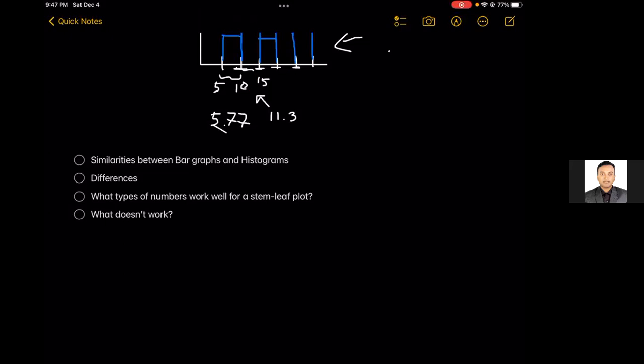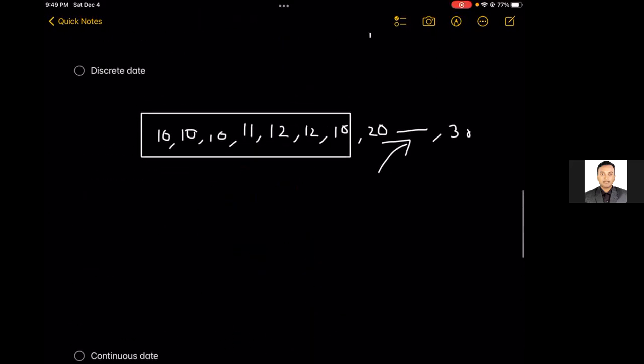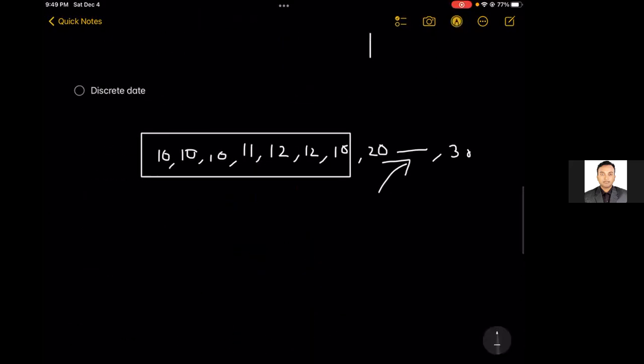Or let's say it has so many values for a single stem, like this one. It had only values from 10 to 20. I mean, the only stem value was 1. So it doesn't work well for a situation like this.